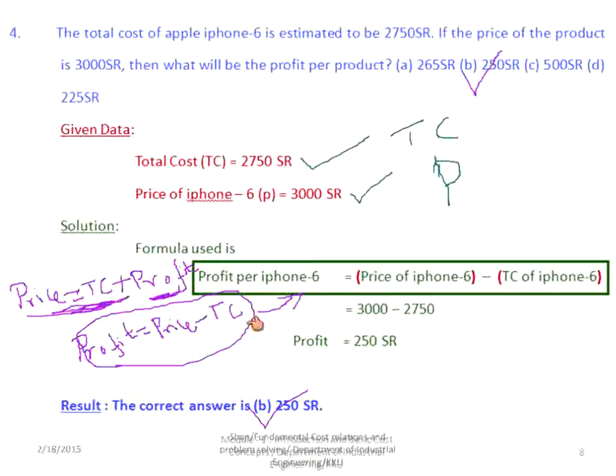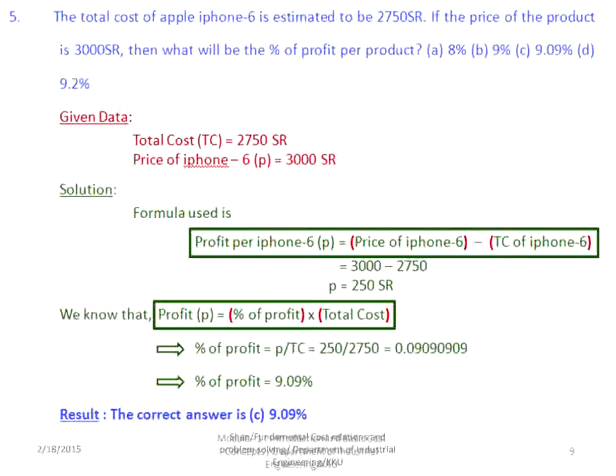First you find the profit. Profit equal to price minus total cost. Price is given 3,000. Total cost is given 2,750. So the profit is 250 Saudi Riyal.